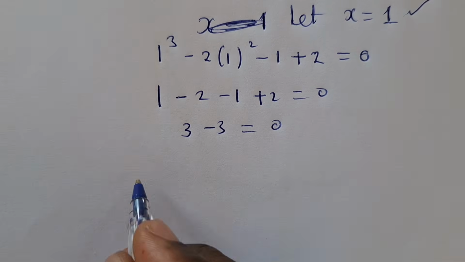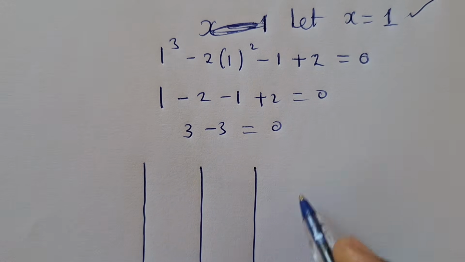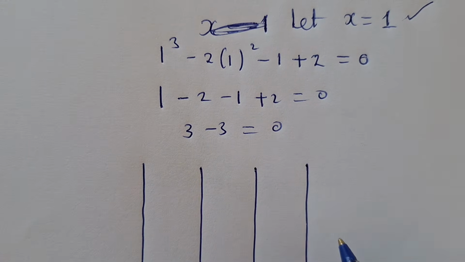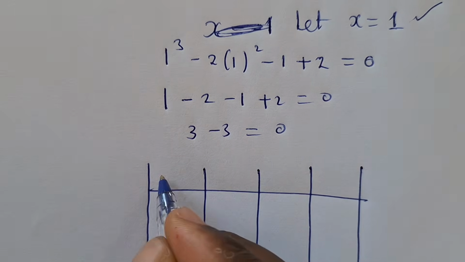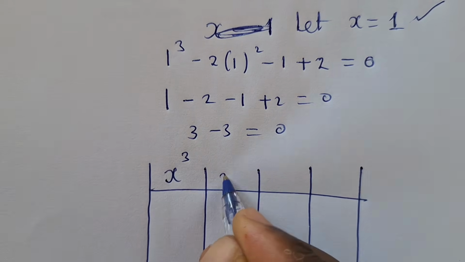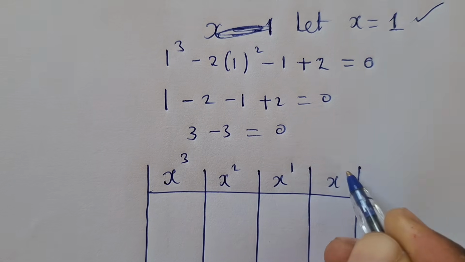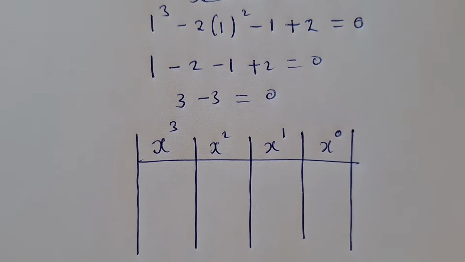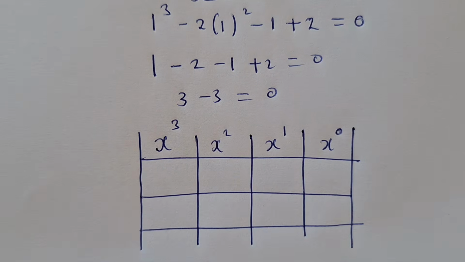After doing that, I'm going to use synthetic division to form a quadratic equation. So follow nicely. I'll say this is x power 3, here it's x power 2, x power 1, x power 0. You can either use long division or synthetic. So this is how we do it.